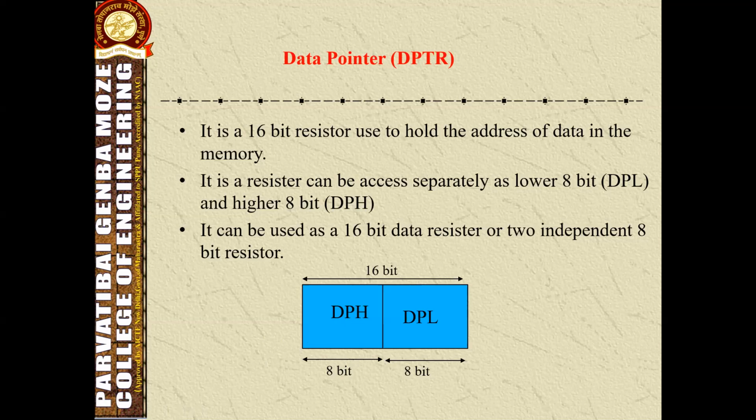The data pointer register can be accessed separately as the lower 8 bits and the higher 8 bits. If I want to access only one part, I can access it separately.